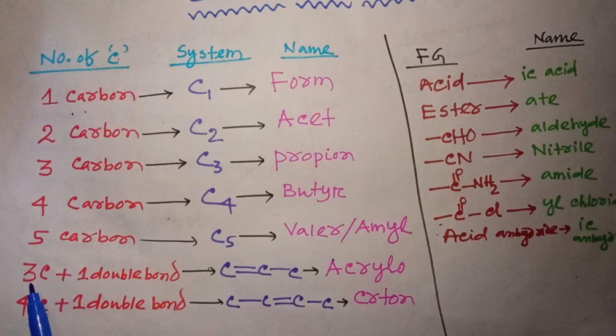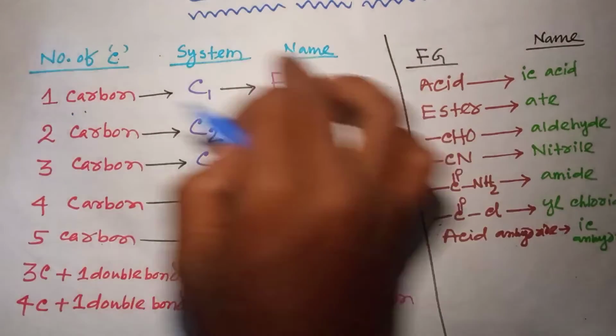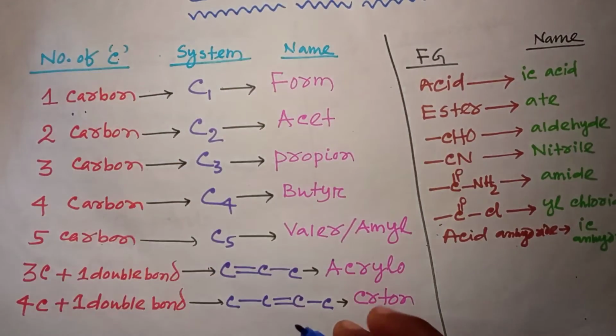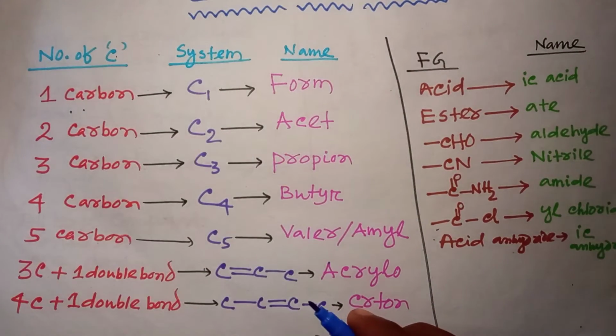If the compound contains 3 carbon atoms and 1 double bond, for systems like this we use the word acryl, and for a compound containing 4 carbon atoms and 1 double bond, we use the word croton. This is the table you have to keep in your mind, so accordingly you can give names to different compounds.